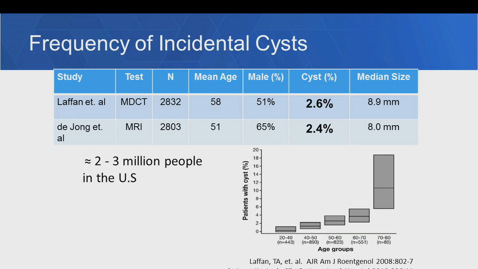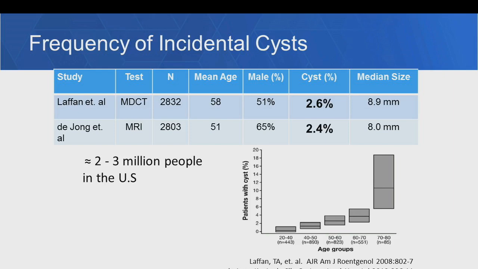My own bias, or the numbers that I like to use in describing the estimate of this condition, are these two studies. One from Hopkins used consecutive multi-detector CT scans in 2,800 patients with a mean age of 58, excluding patients with known pancreatic disease or who had a CT for abdominal symptoms concerning for pancreatic disease.